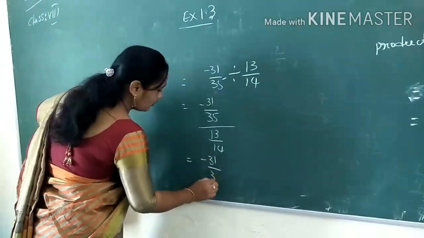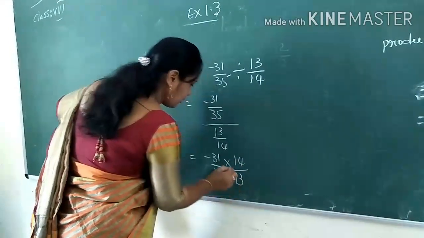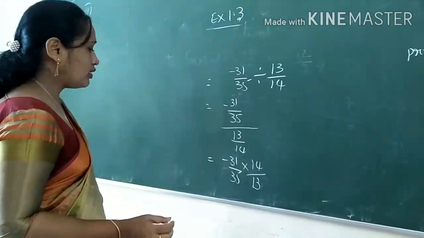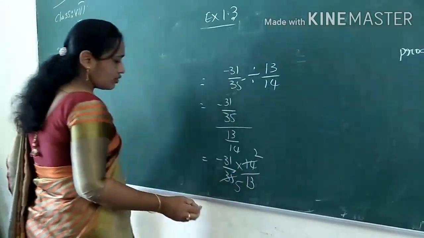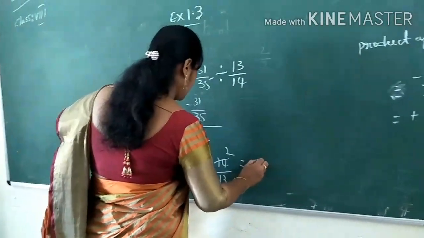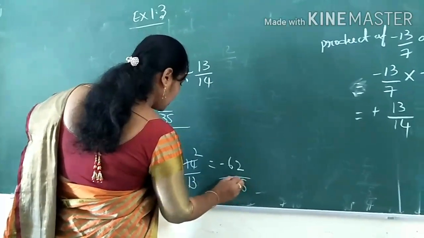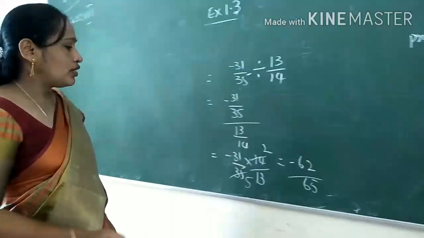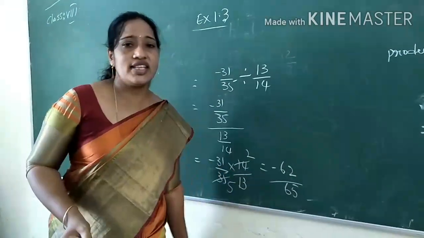Minus 31 by 35 into 14 by 13, and simplifying, finally we get the answer minus 62 by 65.